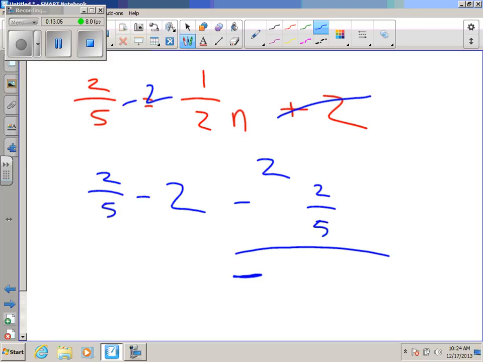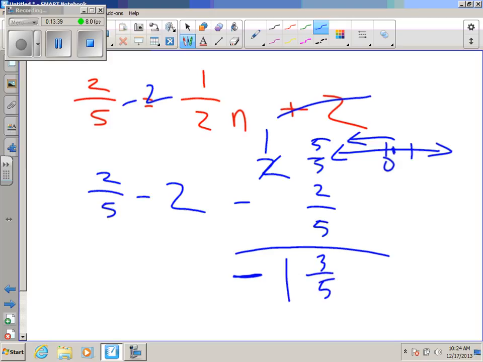Because if you have only 2/5 and you subtract 2, if you start on your number line at 2/5, somewhere way in between 0 and 1, and you subtract 2 full from the 2/5, you're going to end up in the negative. So we need to borrow. 1 is 5/5, the same as... 5/5 minus 2/5, 3/5. Negative 1 3/5.